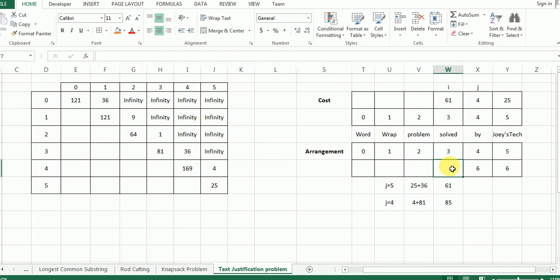This means that words at index 3 and 4 are in one line, and from 5 onwards we will have to go back in the array to find whatever the word will be thereafter. Okay, j goes back to its position, which is over here. All right, and I moves to the left.